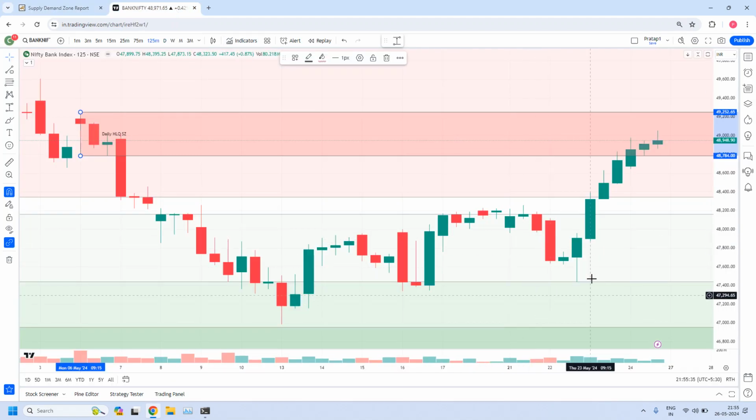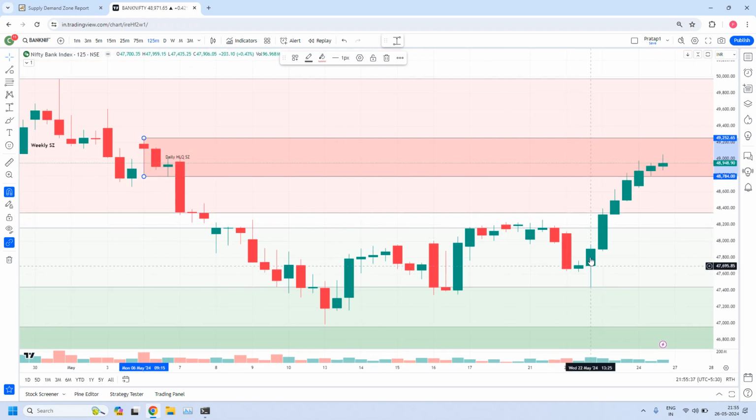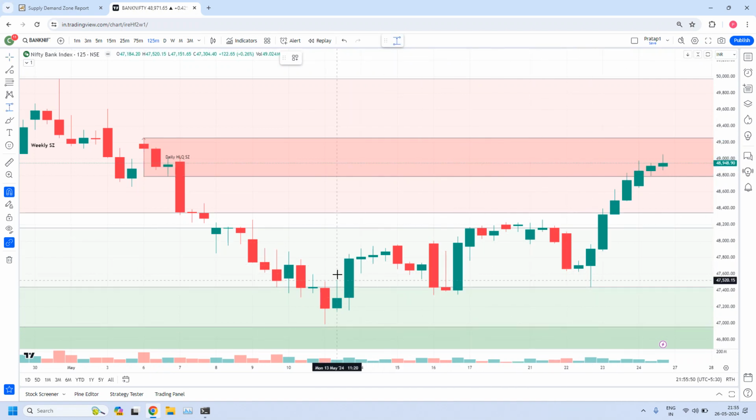So this is the high liquidity zone, but actually these orders are picked up from this zone. We have a drop, base, rally, again drop, base, rally. Even though this is a high liquidity, this is the origin. This is the origin behind this entire move.